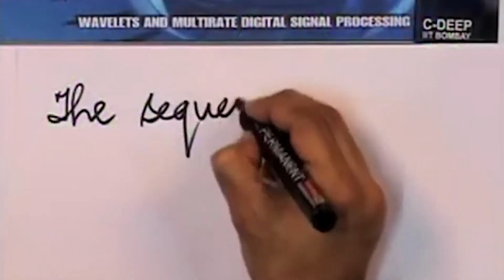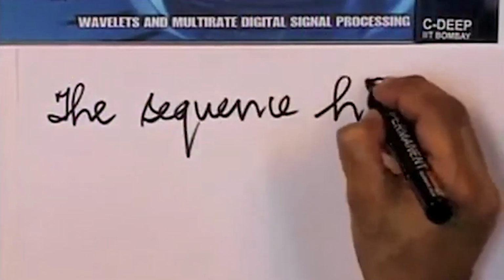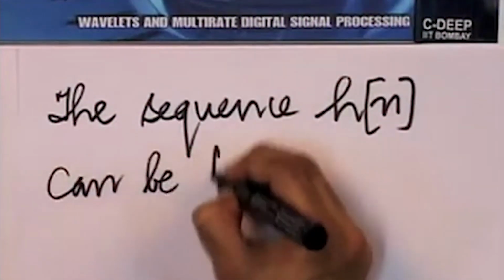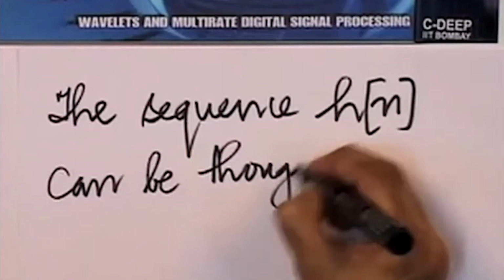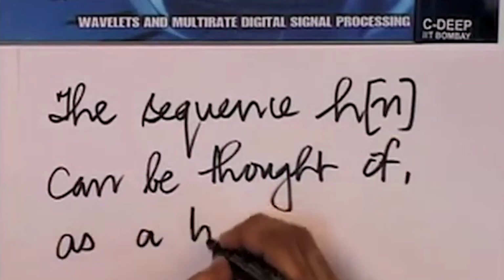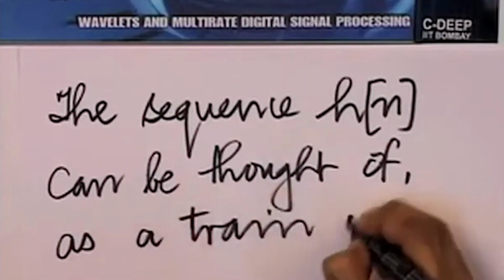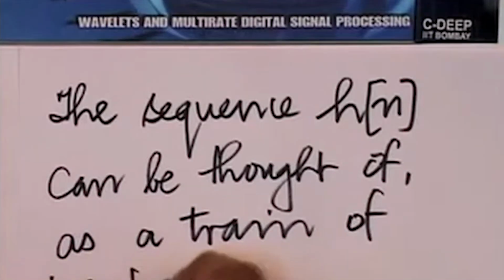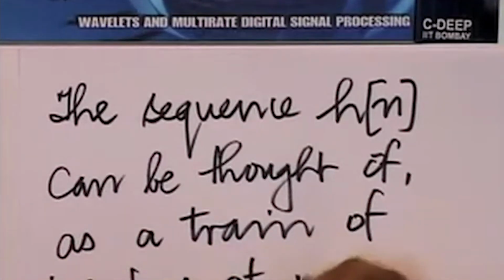So, the sequence h n can be thought of as a train of impulses at the integer locations.